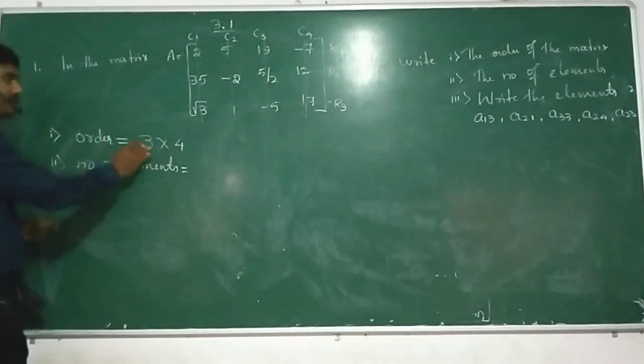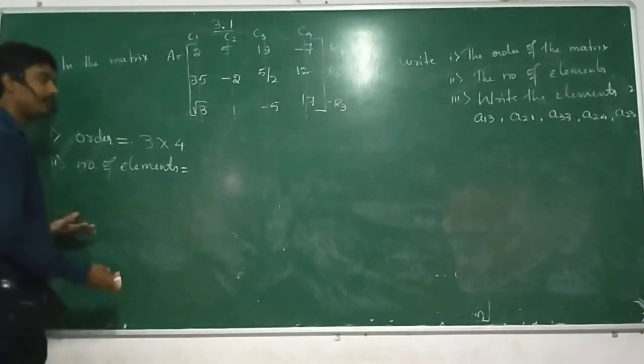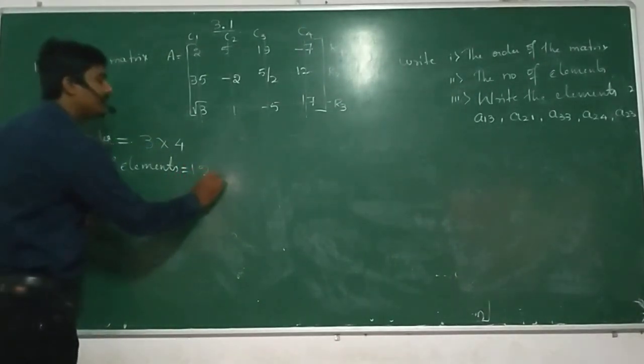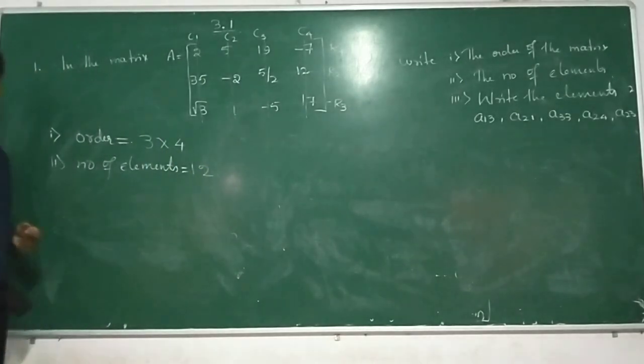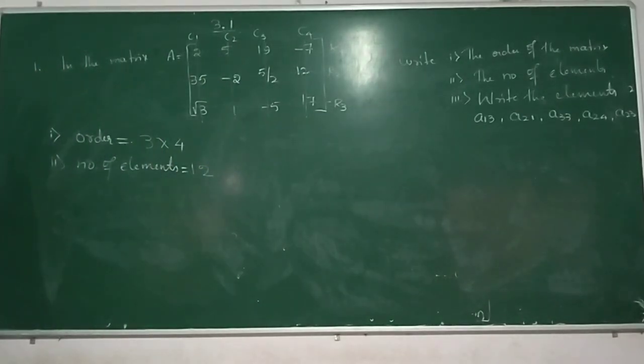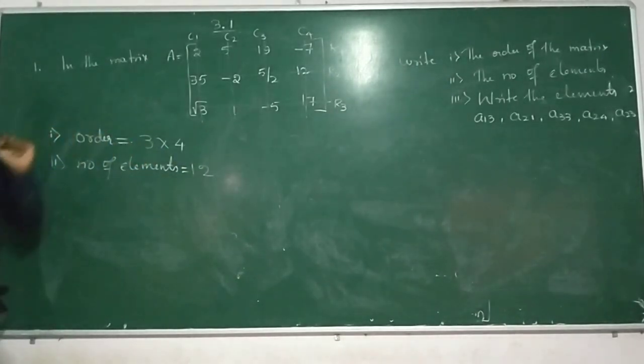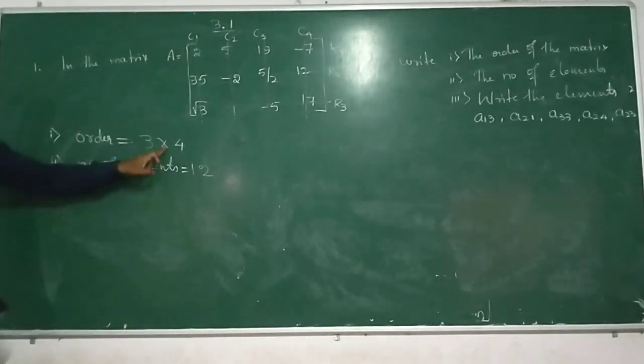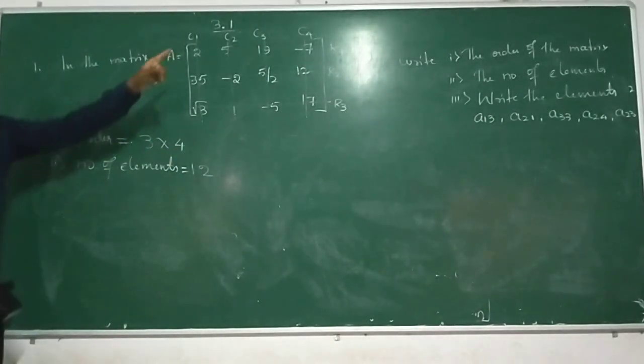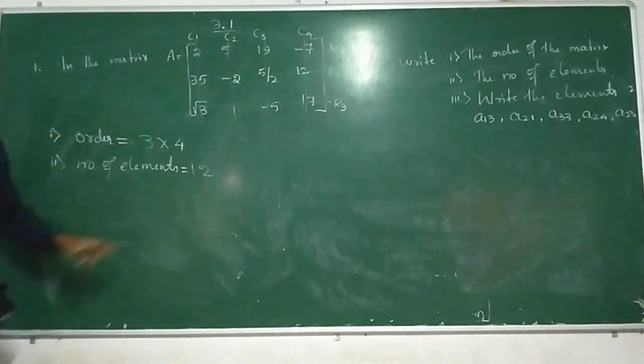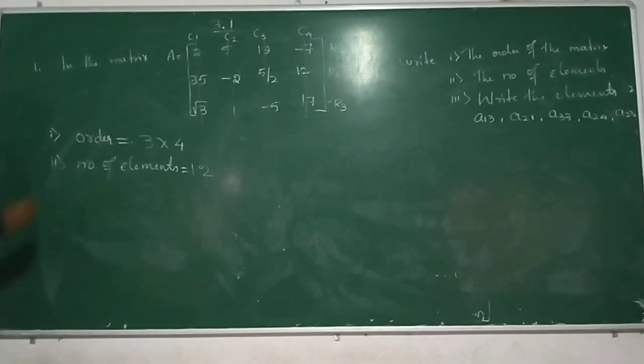If I multiply 3 and 4, what do I get? 12. So in the matrix there will be 12 elements. That's why in the last session I had mentioned to you, if we know the order of the matrix, we can tell how many elements are there in the matrix. Since the order is 3 by 4, 12 elements will be arranged in that matrix.